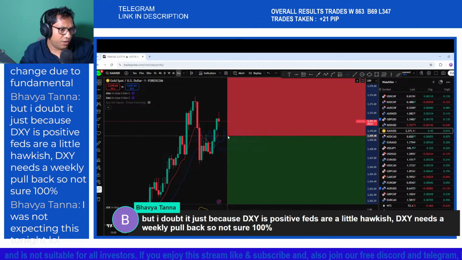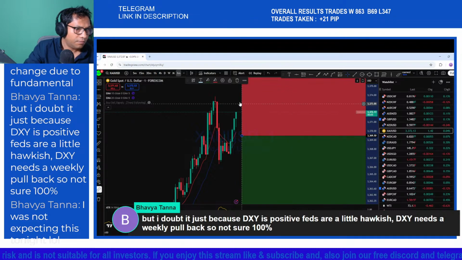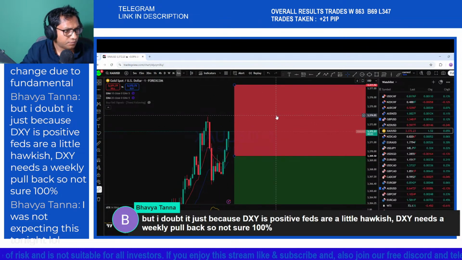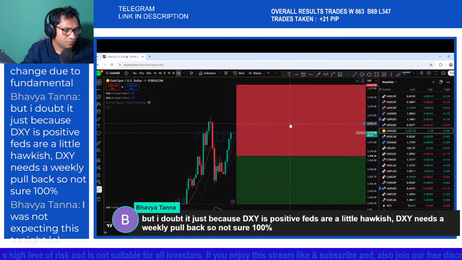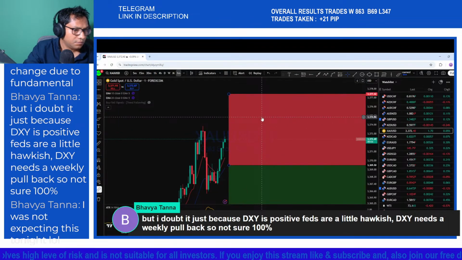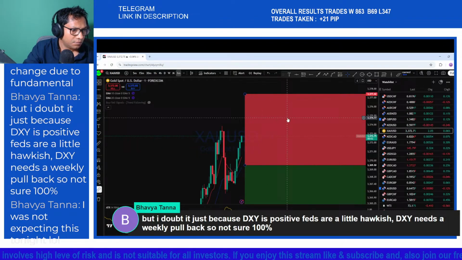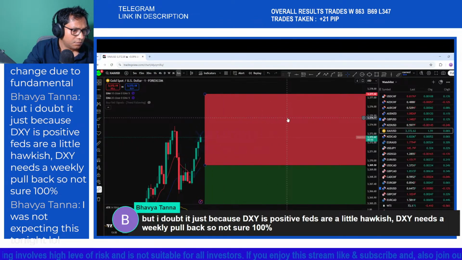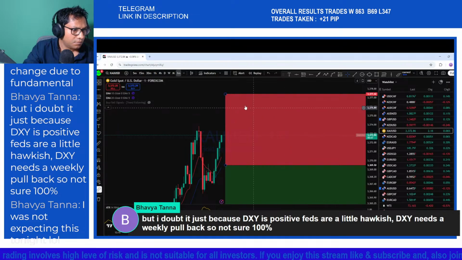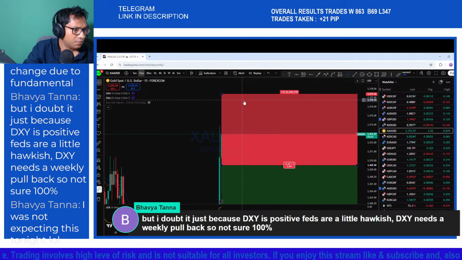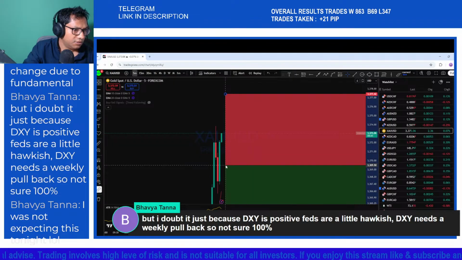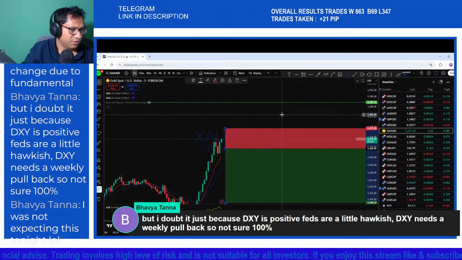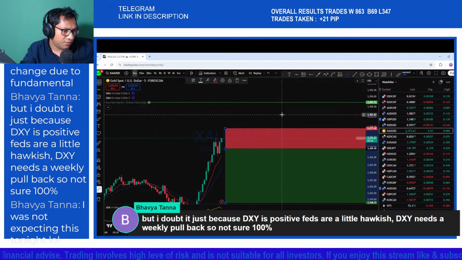So it's forming it might grab more liquidity, and this is the 5 minutes candle closed here.